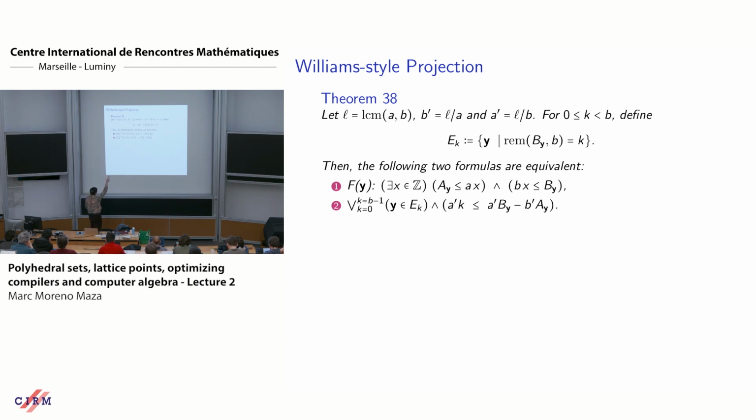So we will see that the following 2 formulas are equivalent. The first one is the one that we are after. This is our input. It is that there exists x such that we have the conjunction of our 2 inequalities. The second formula is a disjunction for k ranging from 0 to b minus 1. And here we have the disjunction of two things. The first one says that y is in E_k.